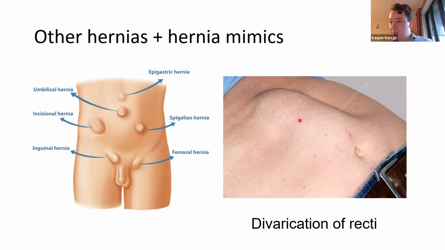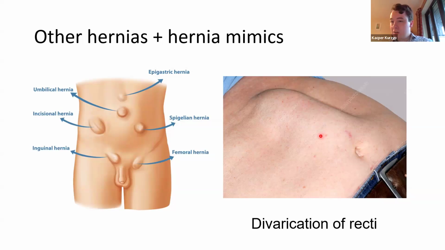Now, in an OSCE, you may get a patient which presents with this sort of oval hernia looking thing, which becomes more pronounced on them trying to bend forward when they are lying down. And this is not a true hernia, that is divarication of recti, typically due to stretched linea alba, but there is no actual defect, so the bowel is actually still within the peritoneal cavity, within the abdominal cavity.